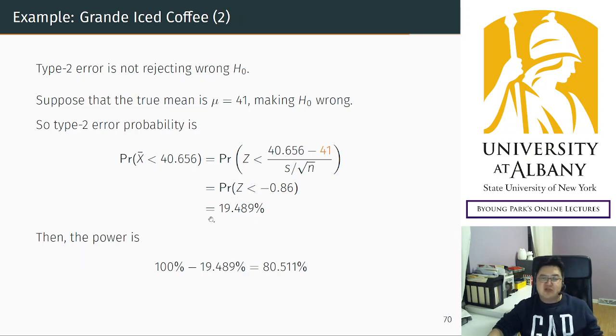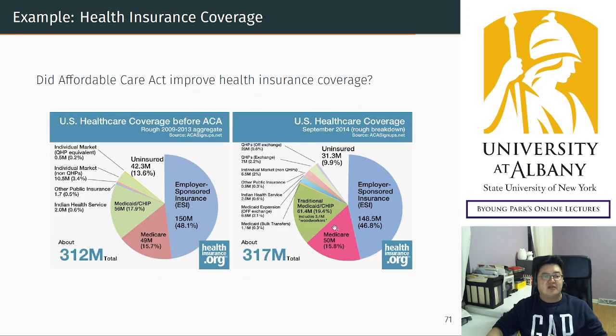Now, once you calculate the type 2 error probability, the power follows automatically, because power is 100% minus type 2 error probability. So when the null hypothesis is wrong, if you reject it, that's power. If you do not reject, then that's type 2 error. So they are complement events. So power is 80% approximately, right?